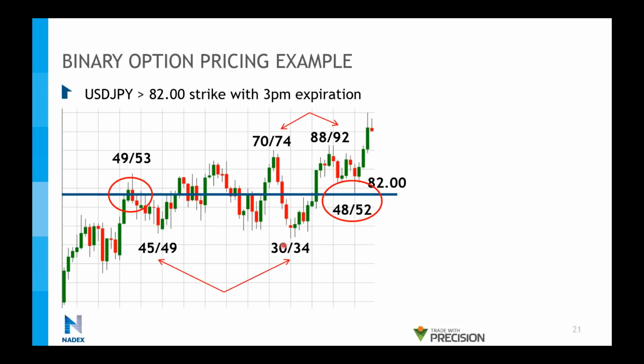Therefore, currently price is only 30, 34, and price pushes higher again, and it moves again in that same territory where we already were. But guess what? Now it's not 70, 74, but 88, 92. Why? Less time on the clock. Less time for price to actually decline, less time for price to render this contract a false event, and therefore higher prices.